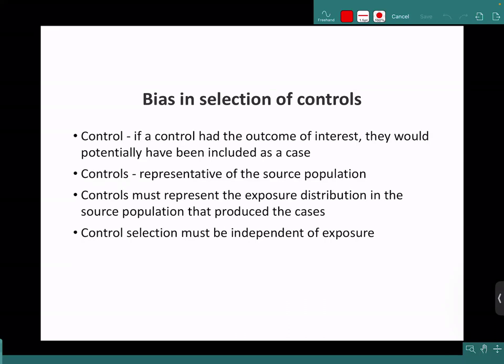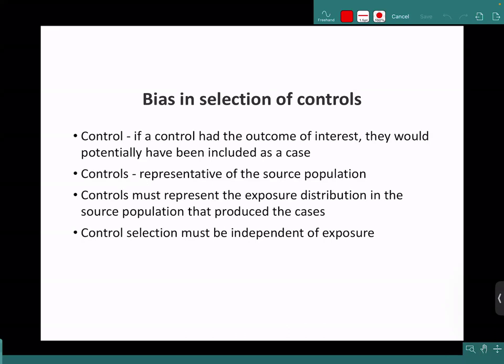Another criterion, controls should be representative of the source population, meaning the population from which your cases have come. Controls must represent the exposure distribution in the source population. You compare your cases with controls because you want the controls to tell you what kind of exposure is there in the population which produced the cases.